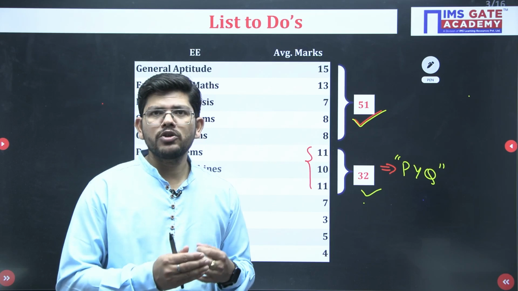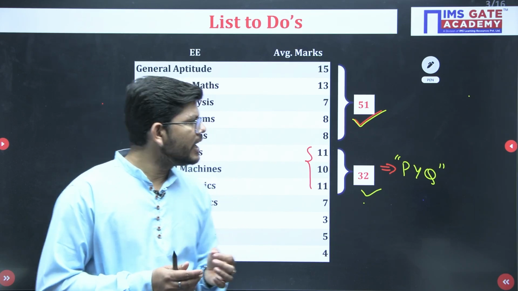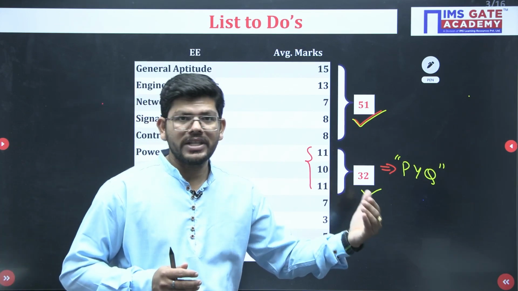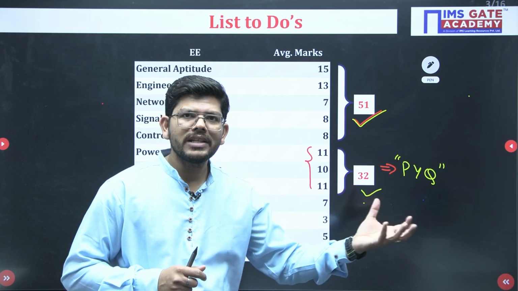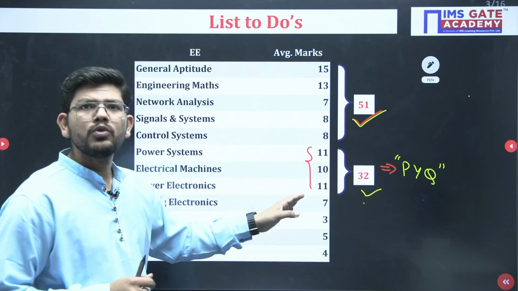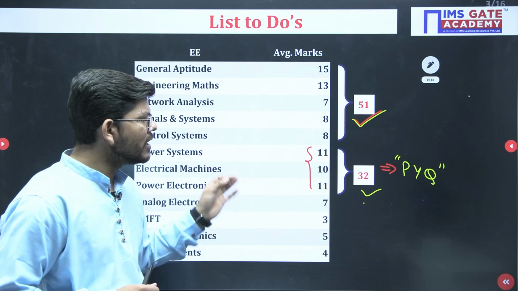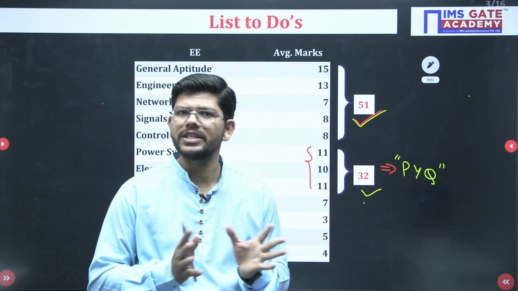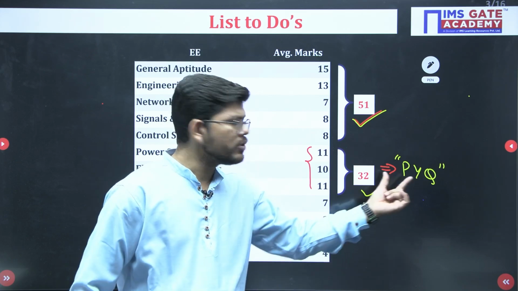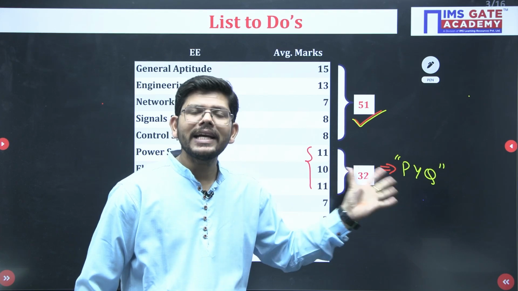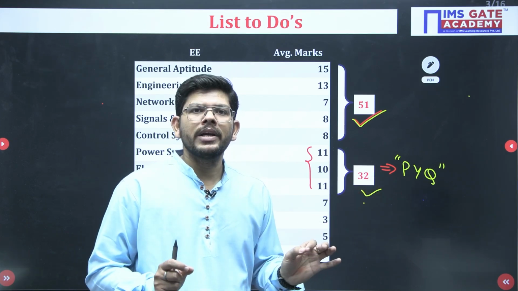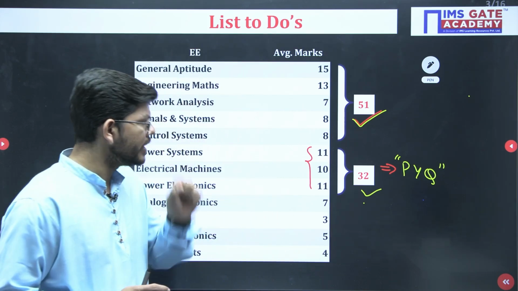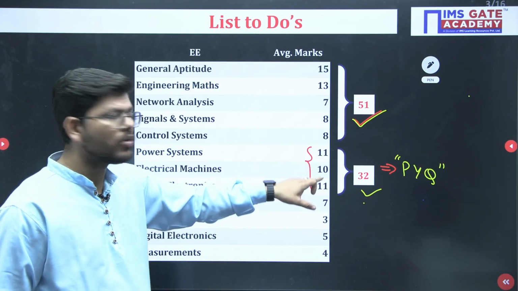You should be very much conceptually clear, and then you should be aware of the latest trend, what type of questions have been asked in the GATE exam, because the syllabus is too vast here. If you are covering anything which is not necessary for the GATE exam, you are just wasting your time. So when you solve PYQs, you will get clarity on what exactly you should cover, what is important, what is not important. This becomes very important while covering the core subjects.